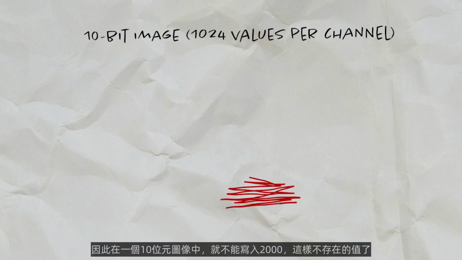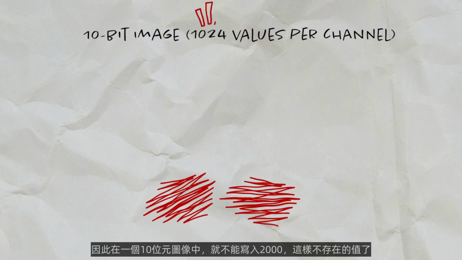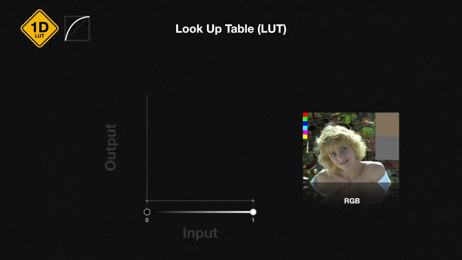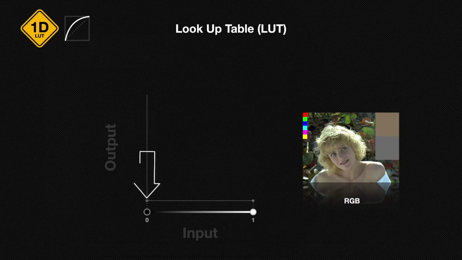So in a 10-bit image, you cannot write a value of, for instance, 2000. It doesn't exist. That's why we are going to have an input from 0 to 1, the maximum normalized value.